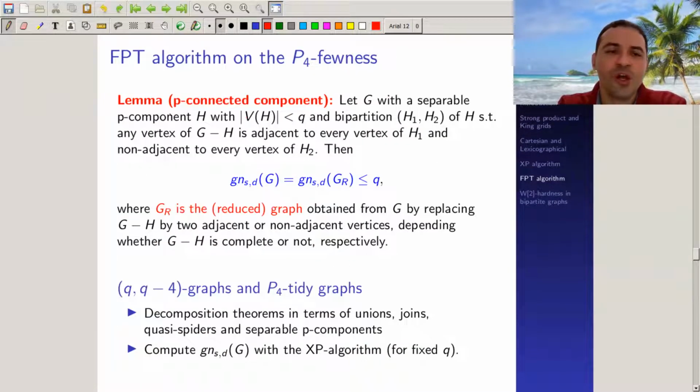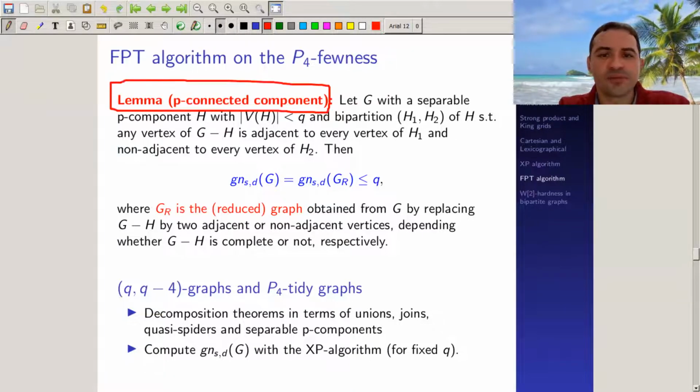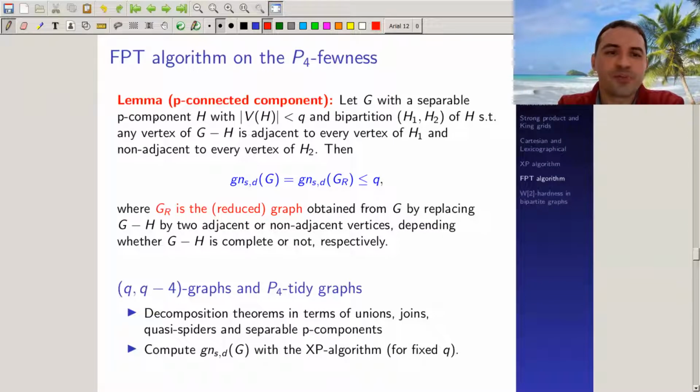Okay. We also prove a lemma for p-connected components. Let H be a separable p-component of the graph G with size smaller than q, with a bipartition H1 and H2 such that any vertex of G minus H is adjacent to every vertex of H1 and non-adjacent to every vertex of H2.